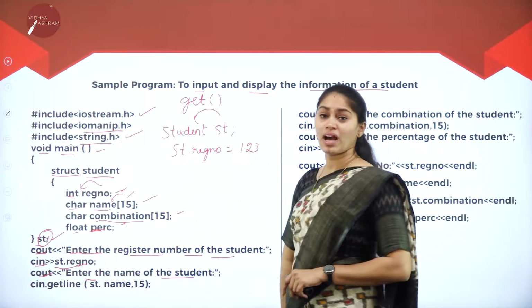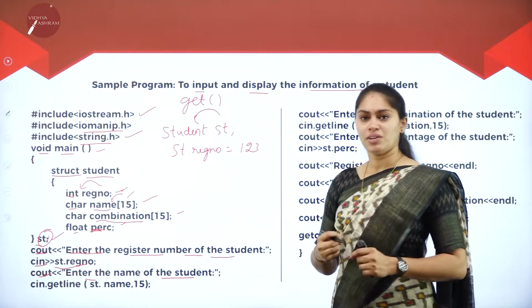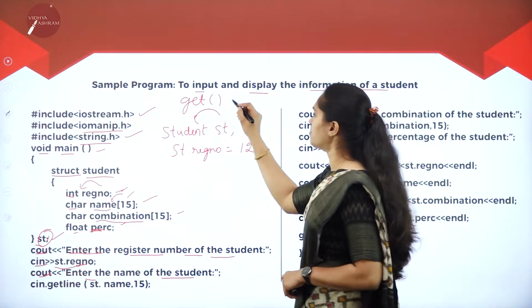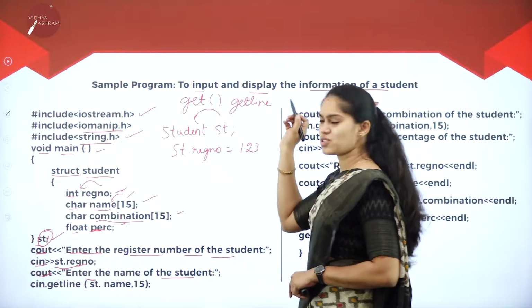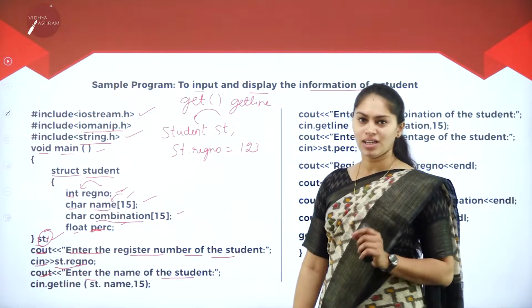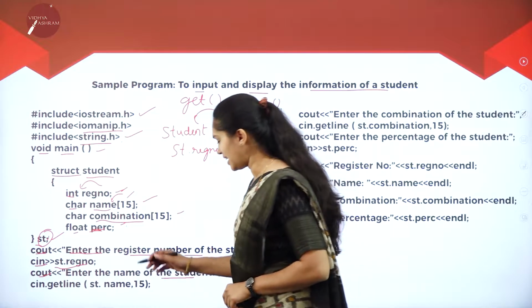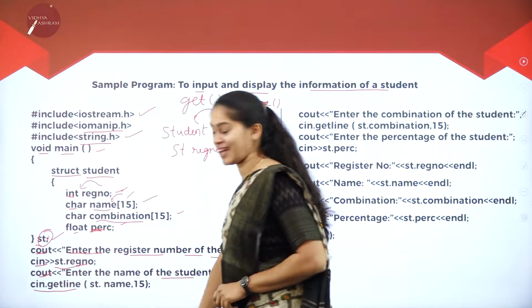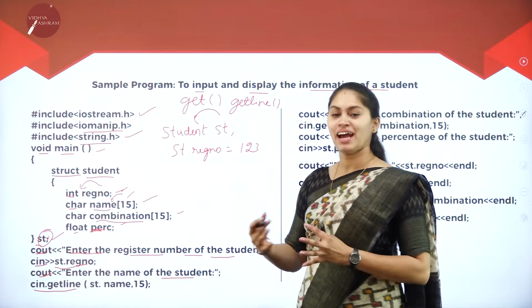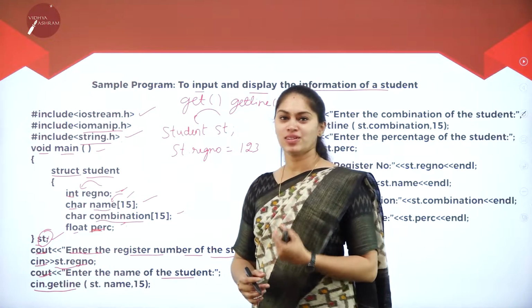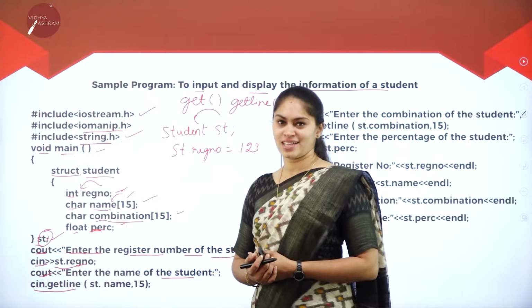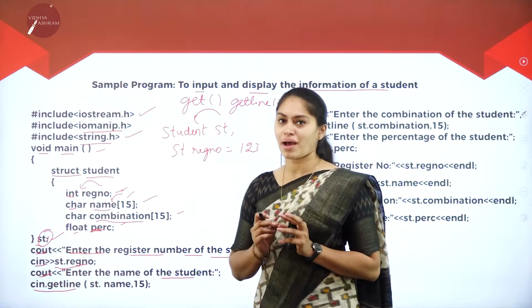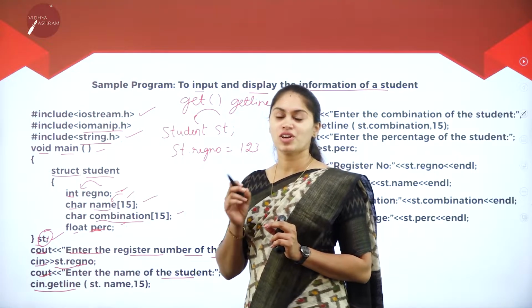But when I want a collection of characters, or a stream of characters, then I have to use a function called getline, which belongs to the header file called string.h. So we'll see what we have in the next line, that is cin.getline. We have already learned about getline. The getline function belongs to either cout or cin, and it belongs to cin. So with cin dot, I'm accessing the member function called getline.